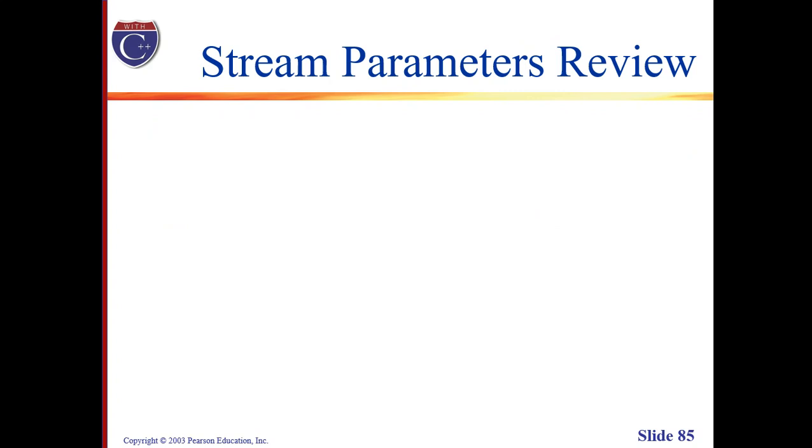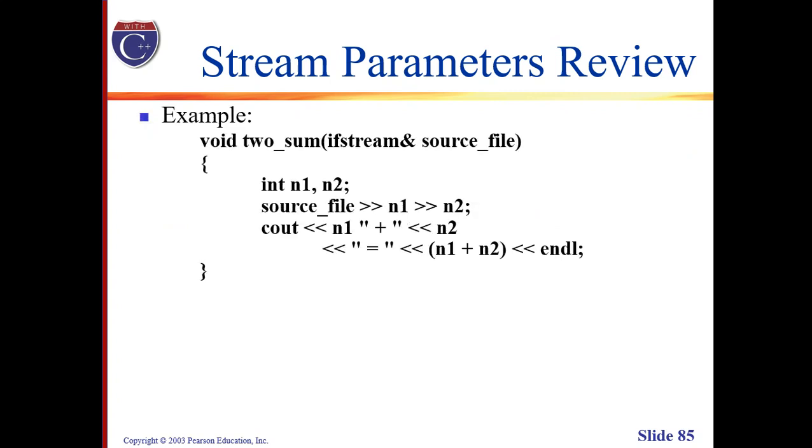Now let's have a short review of the stream parameters. Looking back at our previous examples, we were able to see examples of functions which receive input stream as formal parameters, such as this one. It receives source file as a formal parameter, which is of type input file stream.